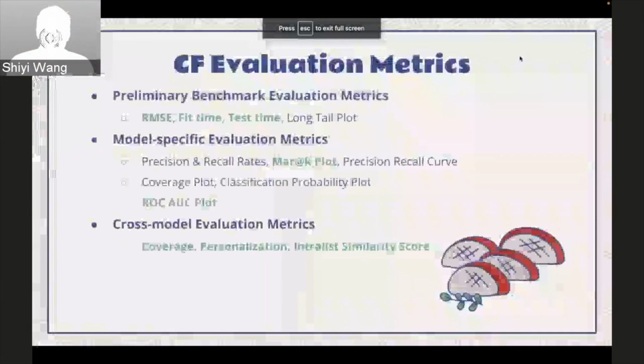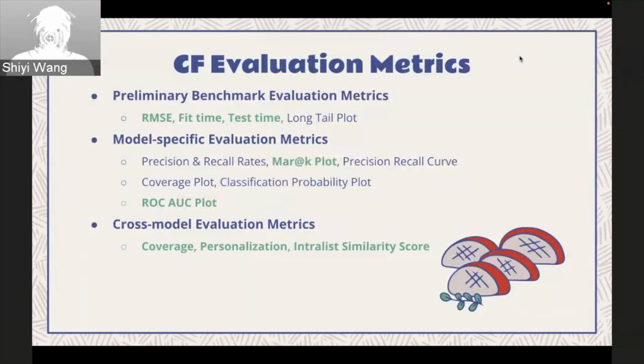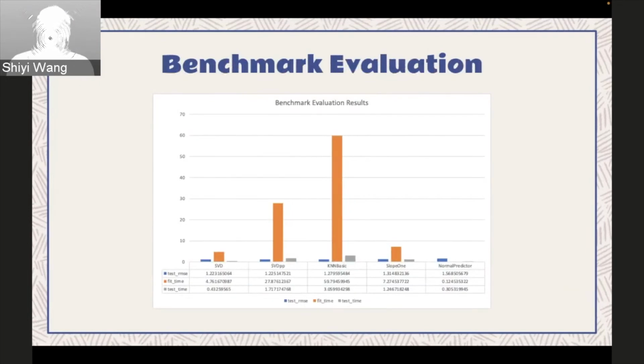Okay, now let's consider collaborative filtering evaluation metrics, and we divide them into three different sections, which are benchmark metrics, model-specific metrics, and cross-model metrics. We'll be discussing the green metrics in today's presentation. The first one is benchmark evaluation, in which we consider 5 different models in terms of their RMSE, fit time, and test time.